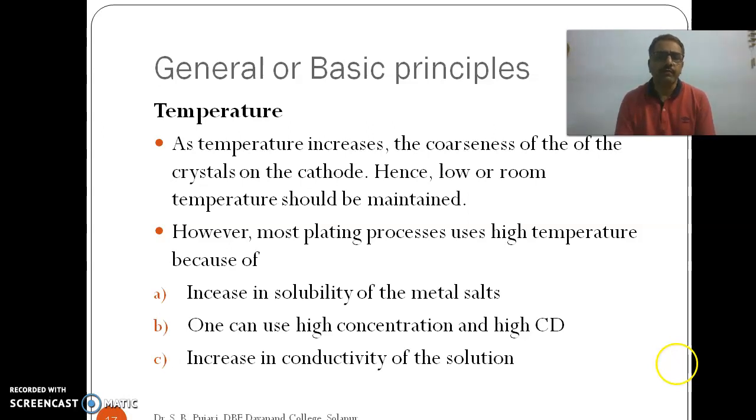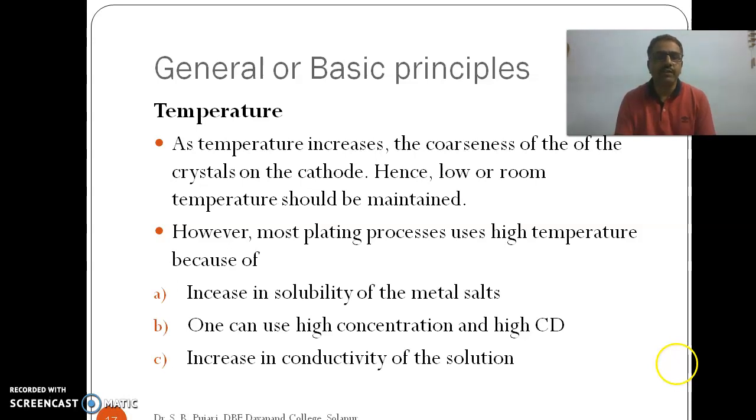However, most plating processes use high temperature. Science says that we should always use low temperature, but most electroplating processes work at high temperature. So high temperature has certain advantages.